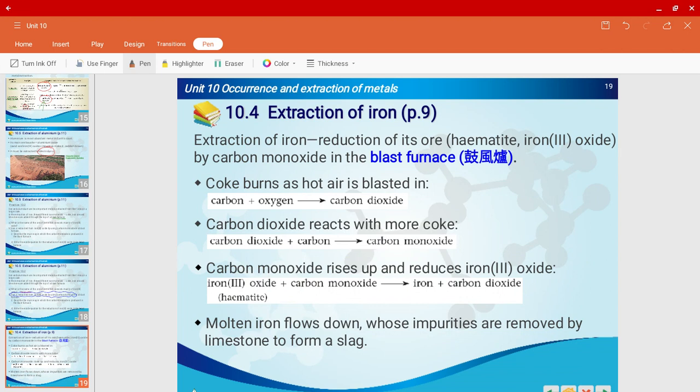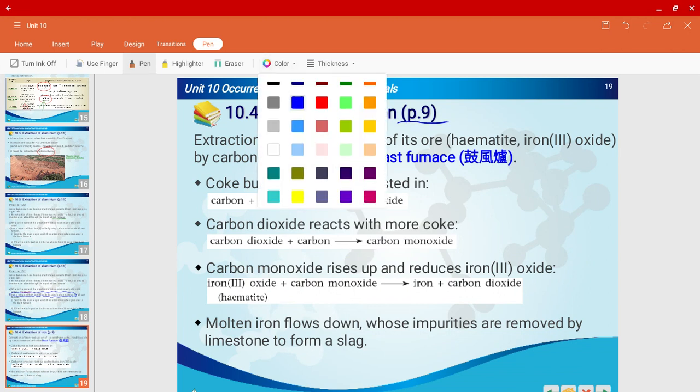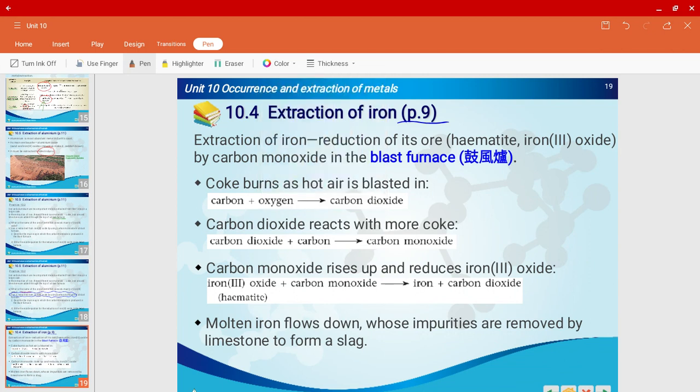For that, you will need to turn to page 9 of your textbook. So extraction of iron occurs in a blast furnace. First of all, you would get coke. Again, it's not the coke you're thinking about. It's carbon, and you burn it in hot air so that you get carbon dioxide.